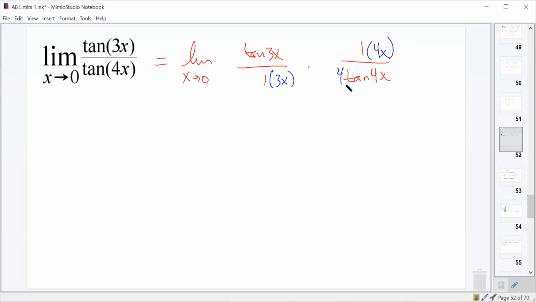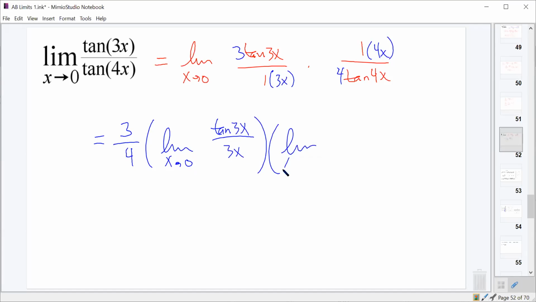The 4 and the 3 do not, so we'll add the 4 in the denominator and the 3 in the numerator. And we'll pull out that 3/4. 3/4, the limit as x approaches 0 of tangent 3x over 3x times the limit as x approaches 0 of 4x over tangent 4x.